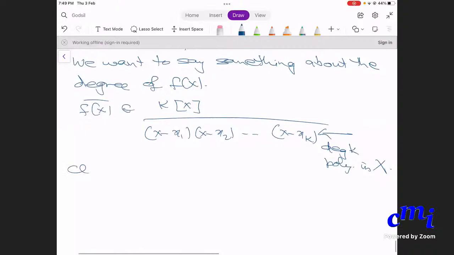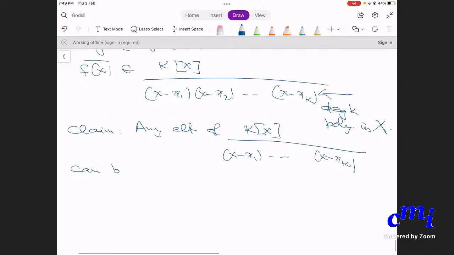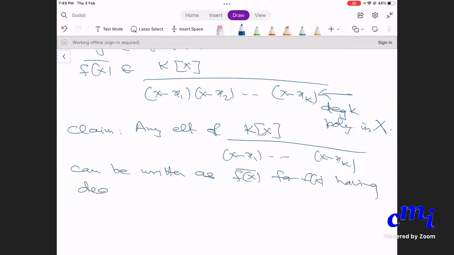So my claim: any element of K[x] mod this can be written as f(x) bar for f(x) having degree less than or equal to k minus 1, and in fact unique.